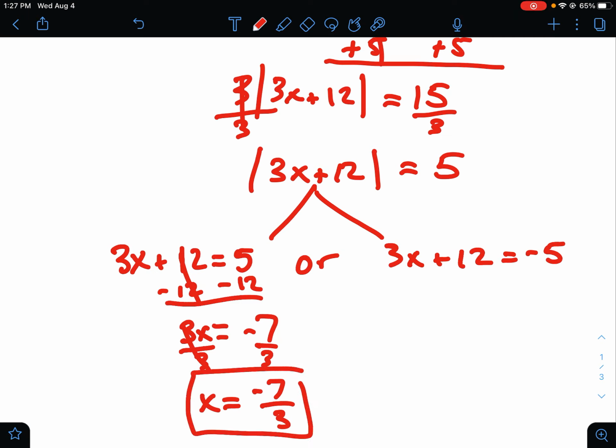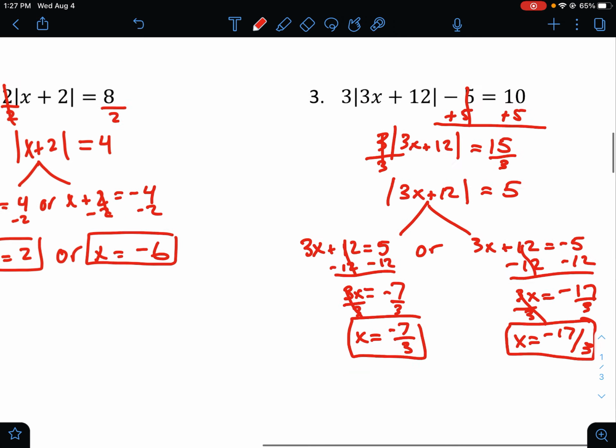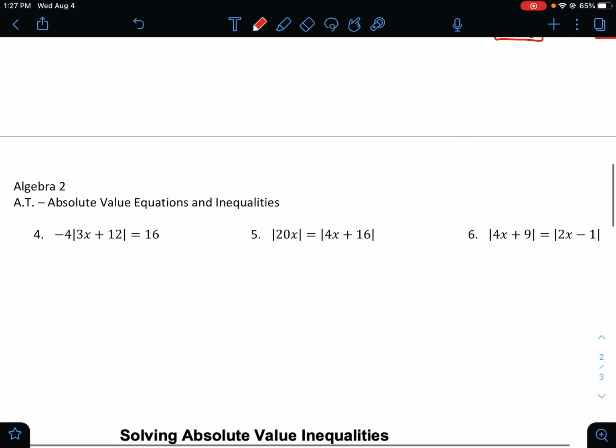And then on this side, I'm going to also subtract 12, but in this case, I get negative 17. And then when I divide, I get x equals negative 17 over 3. And so you'll see in most cases, you'll get 2 answers unless your absolute value equaled 0. So that's how you do it.